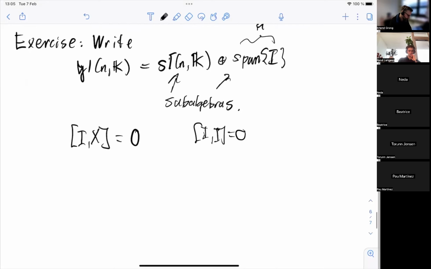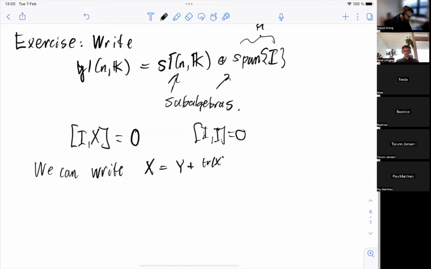So that means that we can write x as y plus, let's write the actual formula, the trace of x divided by the dimension n, times the identity, where y is in SL_n(K).